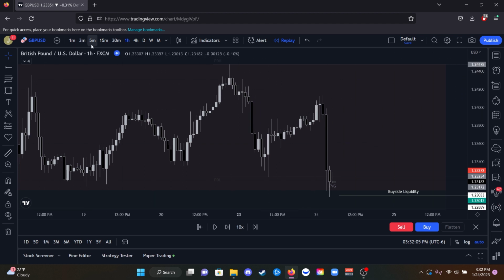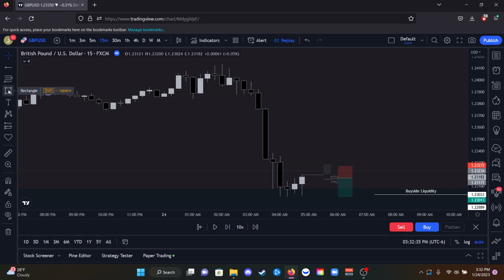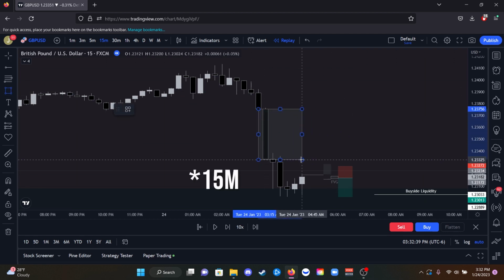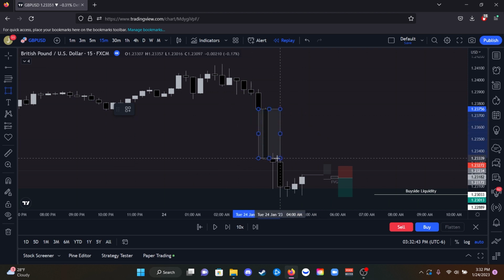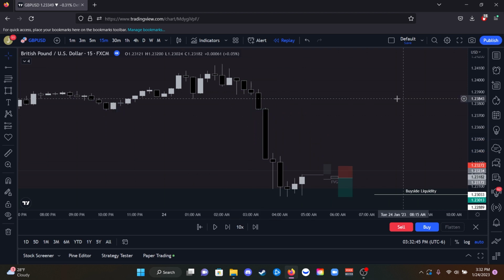As you can see on this 5-minute, we have a huge sell side imbalance and buy side inefficiency here, a huge liquidity void, which might not be filled at all today, because we never know what's going to happen. So we will just react to what we see on price action.